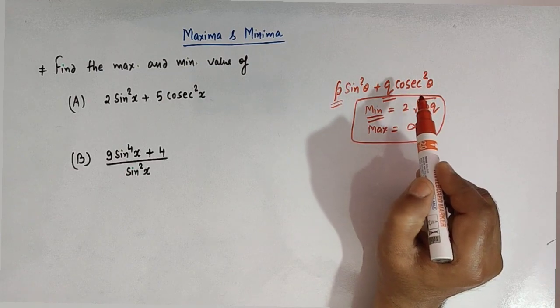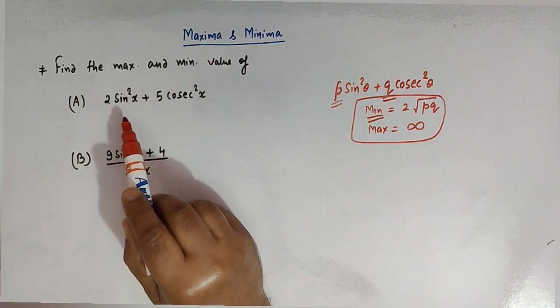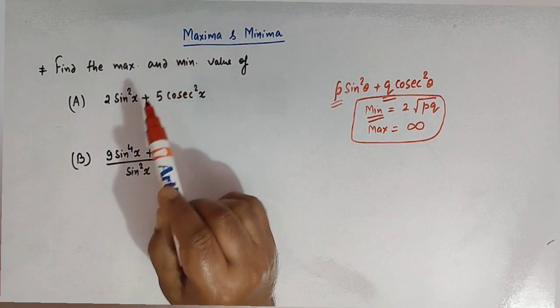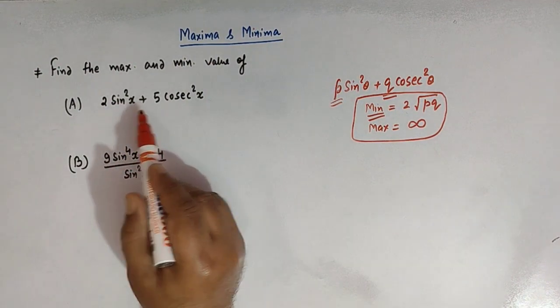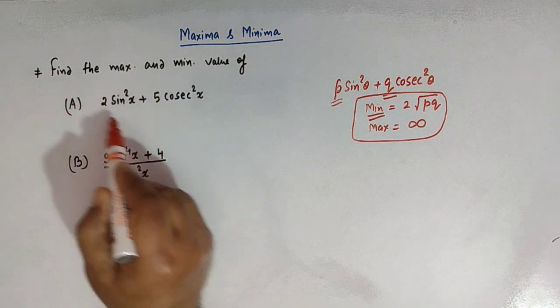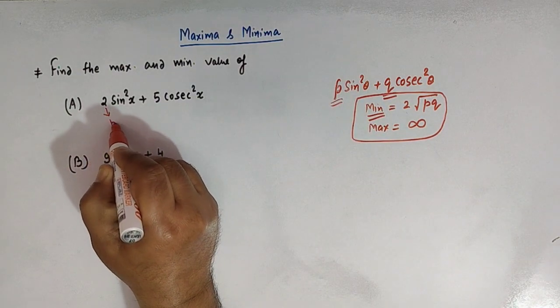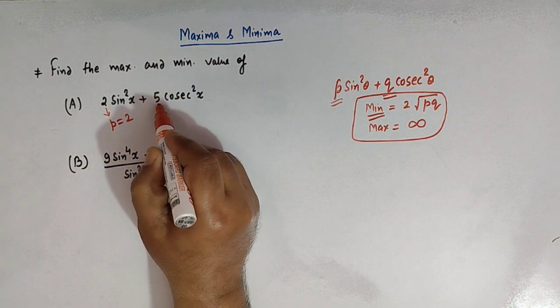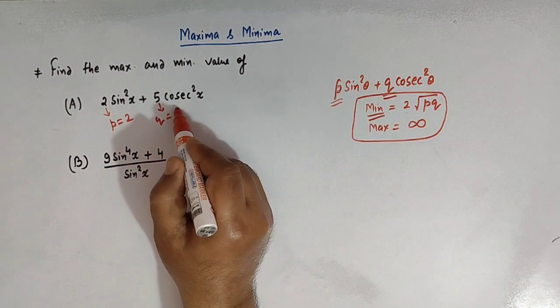So now let us apply this result to get the direct value of the maximum and minimum value of these two expressions. So now let us first see this expression. If we compare this expression with this one, then the value of P is 2 and the value of Q is 5, right?